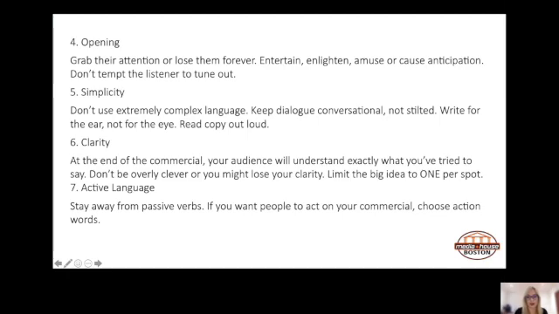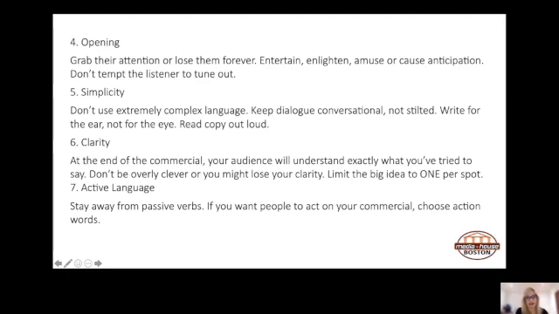And remember, we're passive listeners, most of us. So we listen with half an ear because we're doing other things at the same time. If you put too much into this ad, I'm not going to pick up what it is that you're selling, okay? You're going to lose me. So simplicity, don't use extremely complex language and keep it conversational.